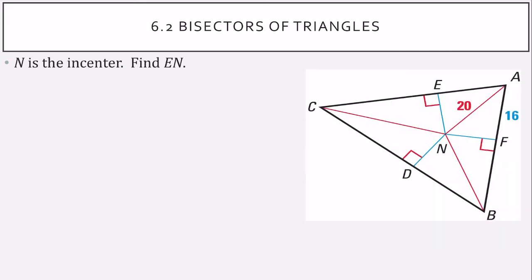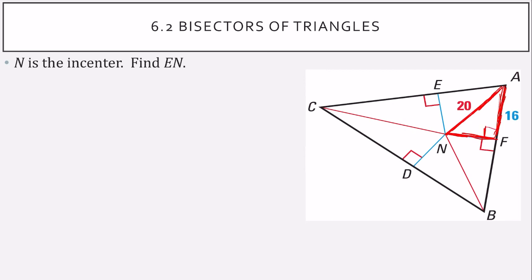So let's try an example. In this example, N is the incenter. We are supposed to find the length EN. I don't see how to find EN, but if I look, I know that this line segment and this segment make a triangle with FN.